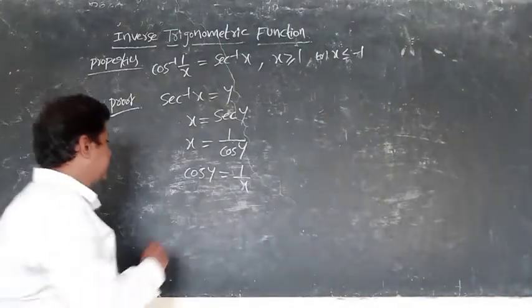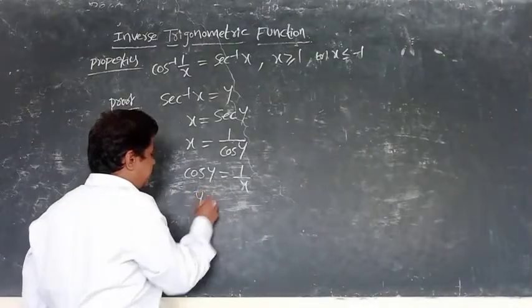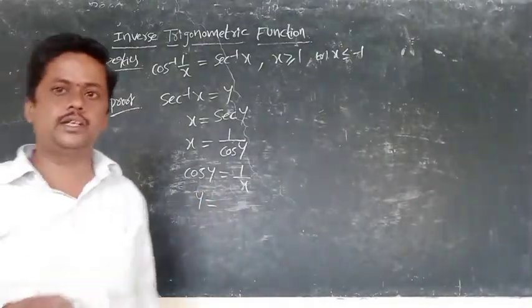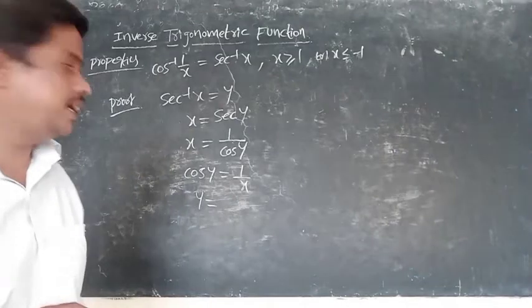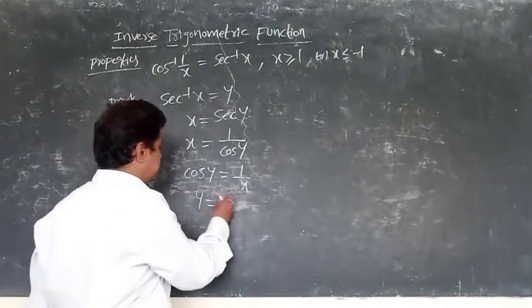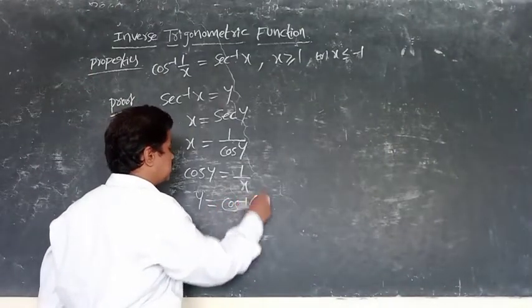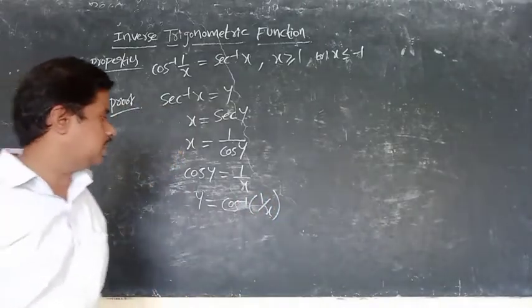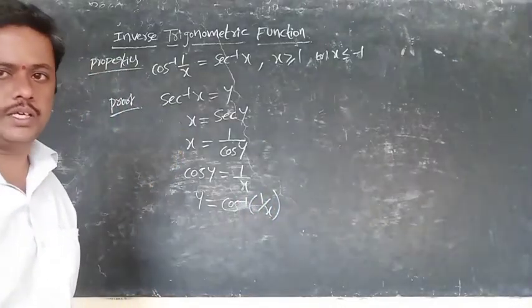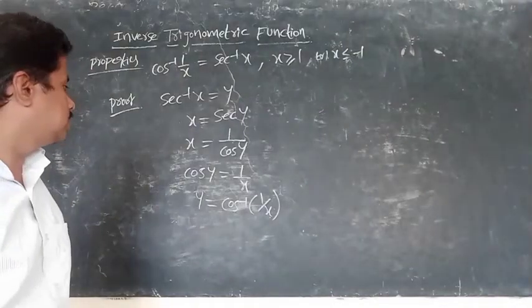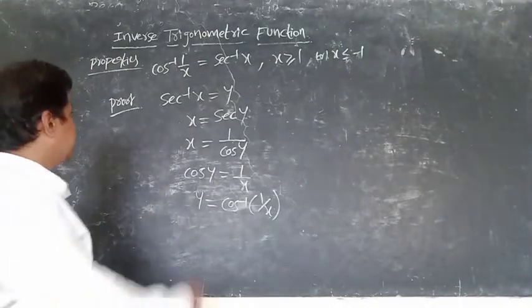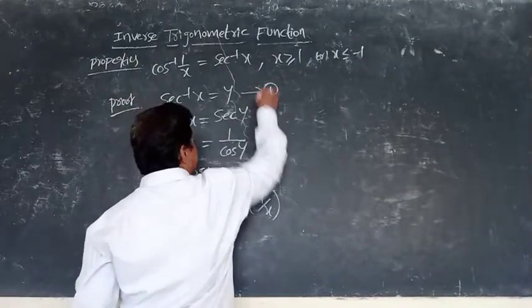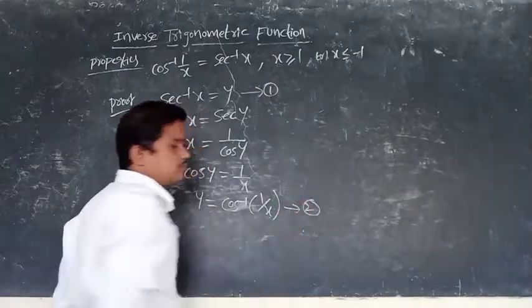Next, according to the definition of cos inverse x, y is equal to cos inverse of 1 by x. Consider the first one as equation number 1 and this as equation number 2.